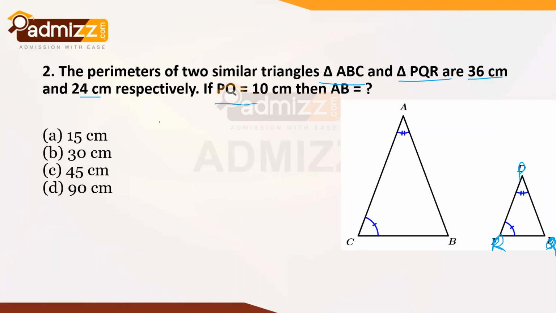That is to mean, in this case, PQ over AB is equal to QR over BC is equal to RP over CA. This relation is well established in terms of similar triangles.